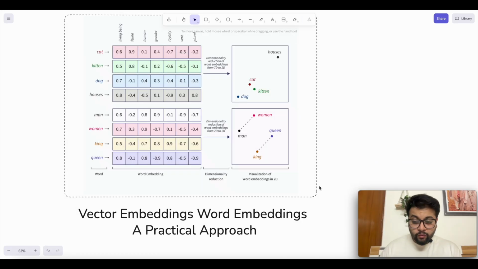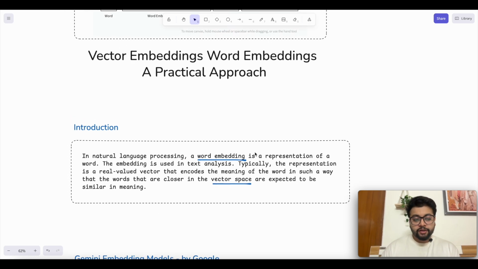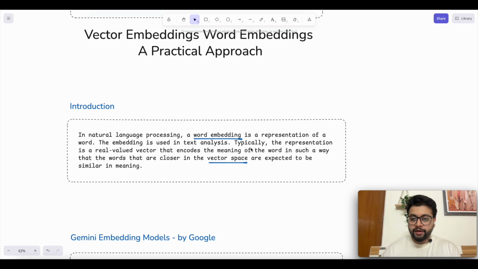Now let's move forward and see the introduction piece. What the introduction mentions is, in natural language processing, a word embedding is a representation of a word. The embedding is used in text analysis, and typically the representation is a real valued vector that encodes the meaning of the word in such a way that the words that are closer in the vector space are expected to be similar in meaning.